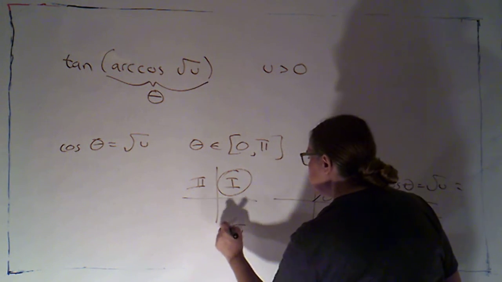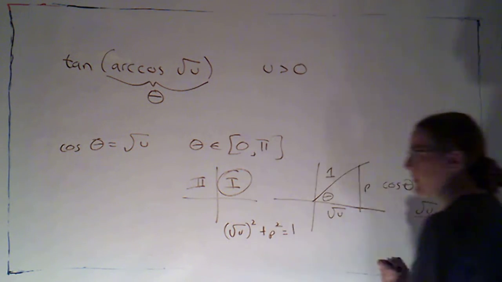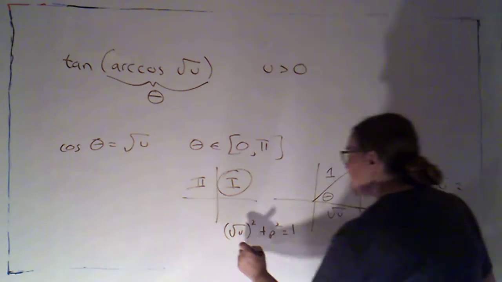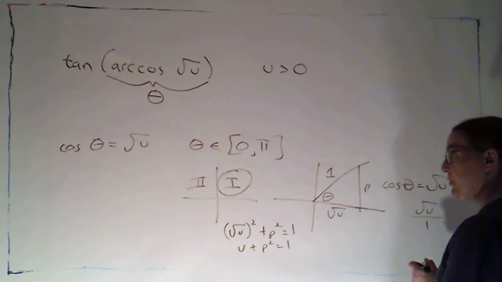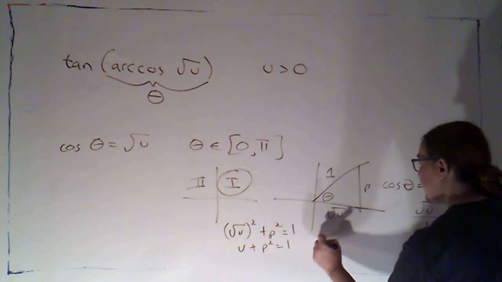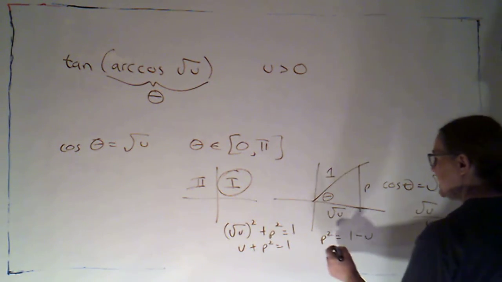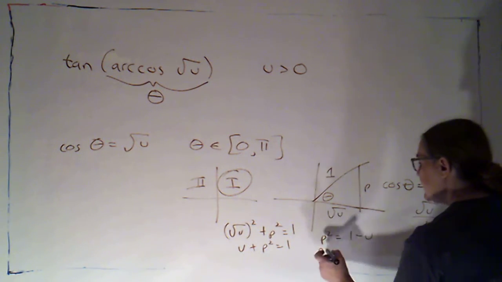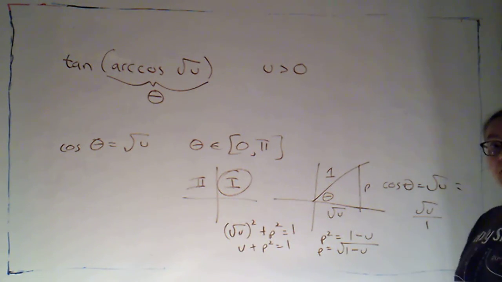So root u squared plus p squared is going to equal 1. U plus p squared is equal to 1. I'm trying to solve for p, so p squared is 1 minus u. P is going to be the positive square root of 1 minus u.